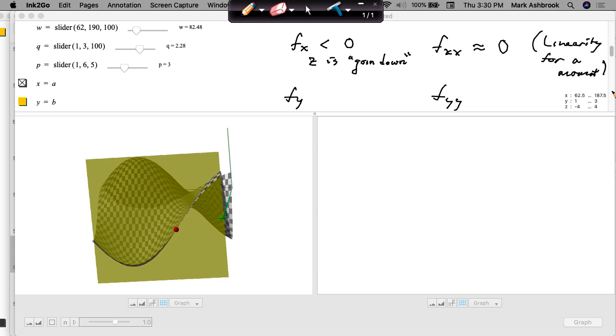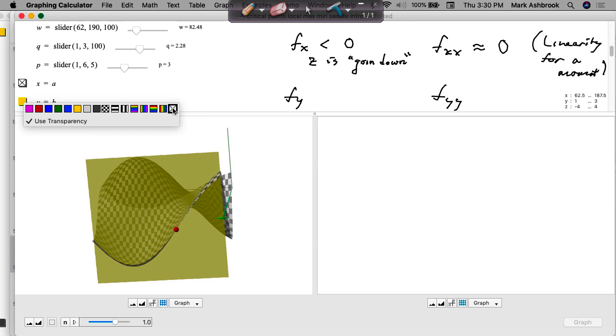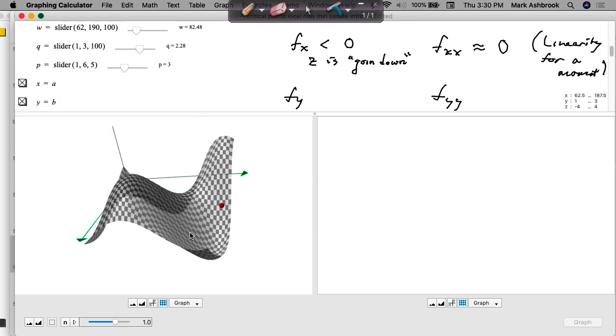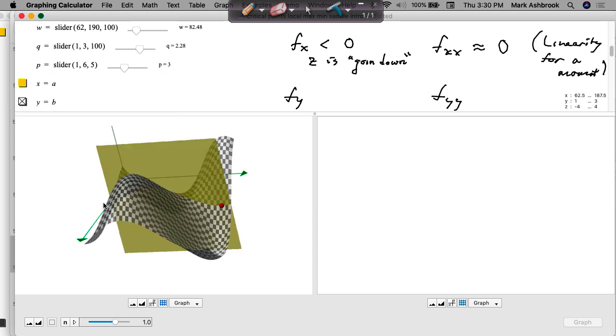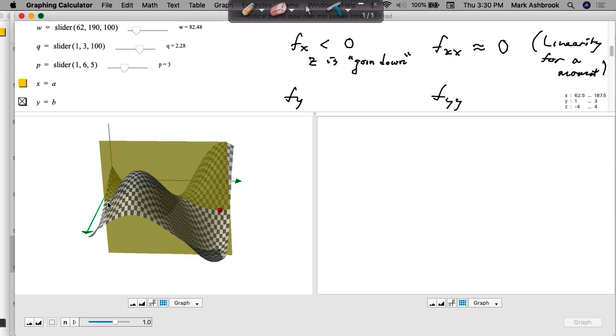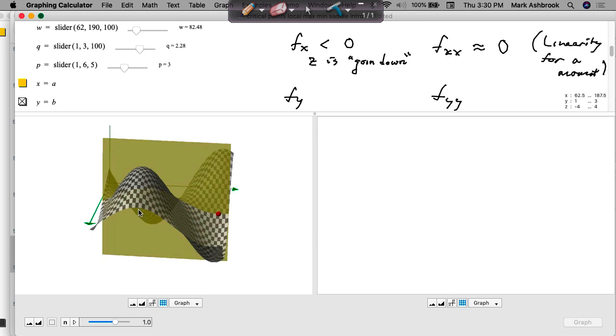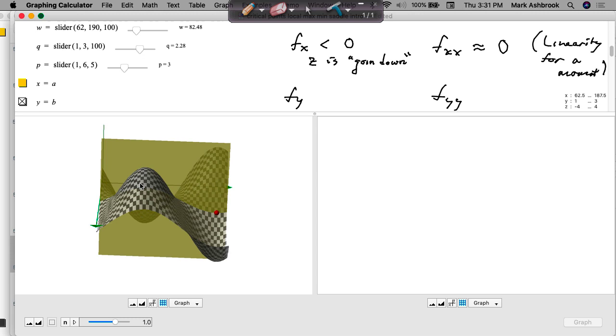Okay, how about fyy? It's in the middle, like right here. So it's at the smallest point. Yeah, it's close to it. It's at the bottom, and you get to the other side.